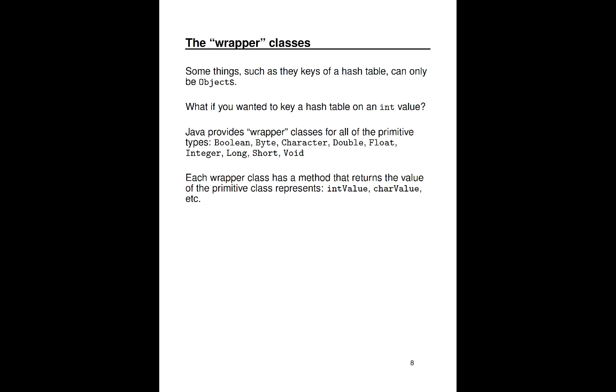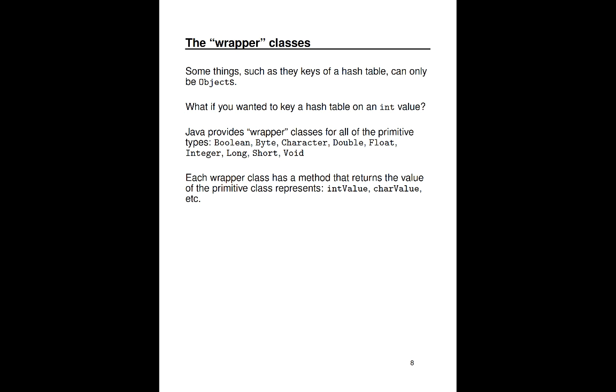Now, there are some APIs in Java that only take objects, and the primitive types like int and long and char are not objects, right? They are primitive types, they are something else. And the primitive types are a nice optimization within the language.